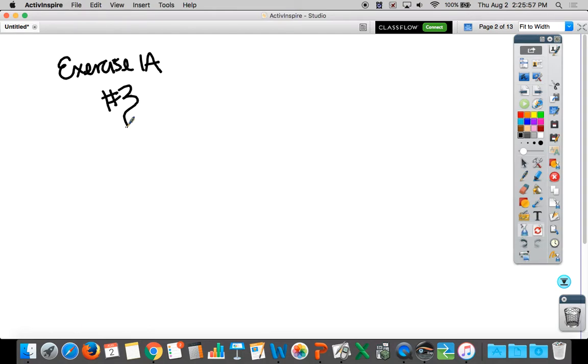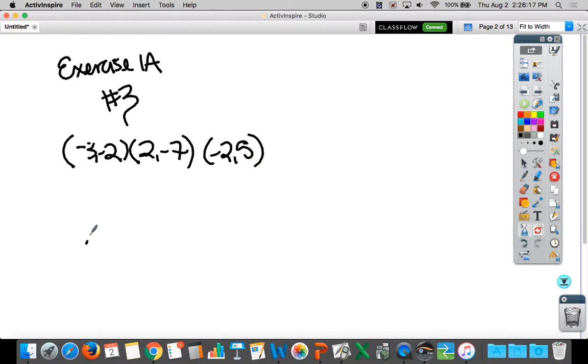Okay, so what we had to do is we have a triangle formed by the points (-3, -2), (2, -7), and (-2, 5). Okay, so doesn't really matter.